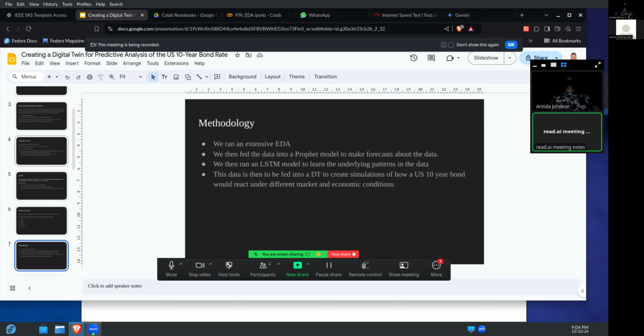For the methodology, I ran an extensive EDA, and I fed the data into a Prophet model that helped me make forecasts about the data. I ran an LSTM model to learn the underlying patterns in the data. This data is then to be fed into a digital twin to create simulations of how the US 10-year bond rate would react under different market and economic conditions.